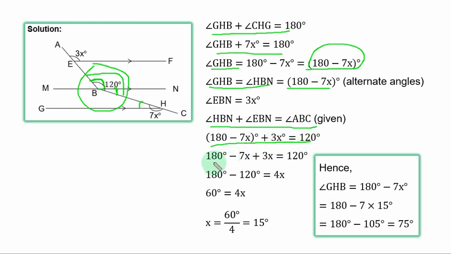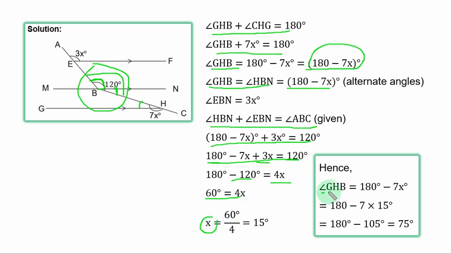If you open the bracket, you have this. Now this is 180. If you move this one in, it becomes minus 7s plus 3s, which is minus 4s. If you take it to the right hand side, it becomes 4s. So you have 60 degrees equal to 4s. Divide through by 4, s is equal to 15 degrees.